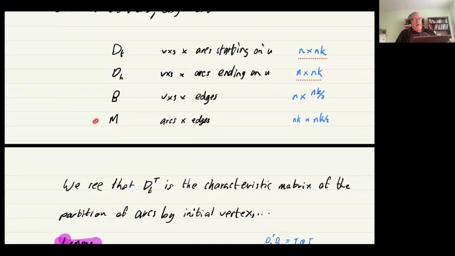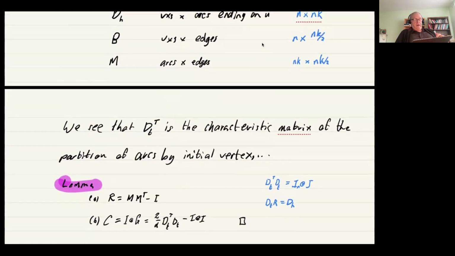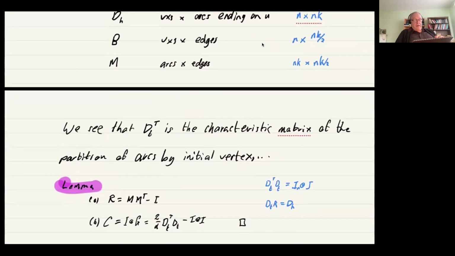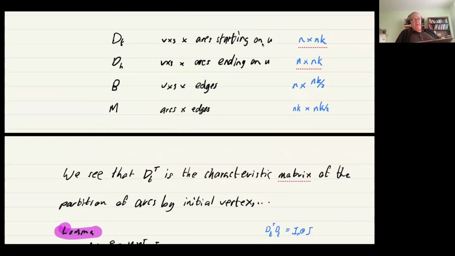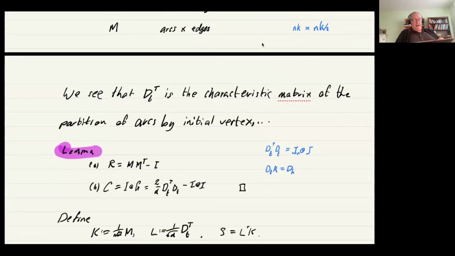And from M, we're going to get the R matrix. The actual result is R is equal to MM transpose minus I. And C is the coin matrix, and it can be expressed in this form. I'm not sure if the others are on the exercises yet or not, but they will be if they aren't already. So from these instance matrices, I can get R and C.